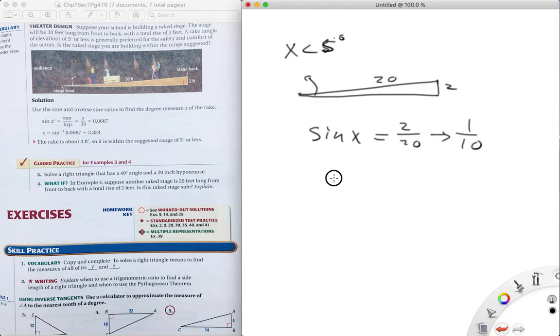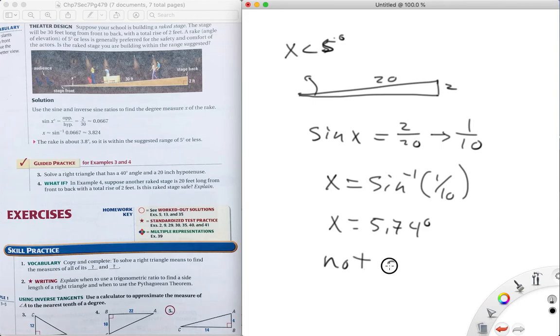So in order to find what that angle is, x is equal to inverse sine of 1/10. And the inverse sine of 1/10 is 5.74 degrees. So that's greater than 5, so it is not safe. Can't use it.